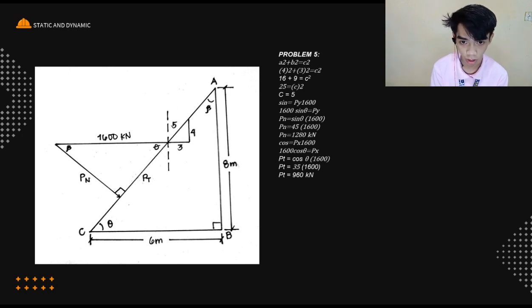Then the tangential force of P is cosine theta multiplied by 1,600, so 3/5 times 1,600. The answer is 960 kilonewton.